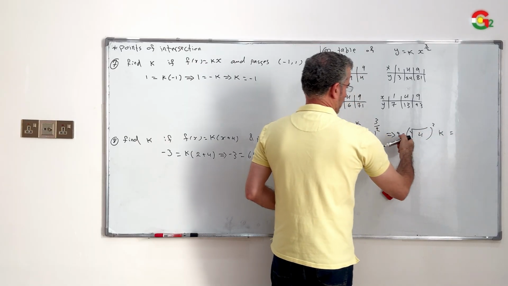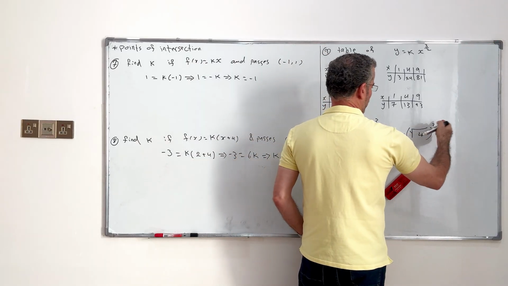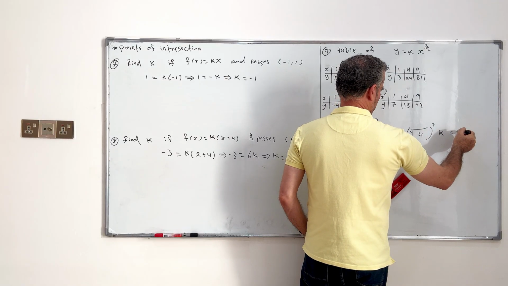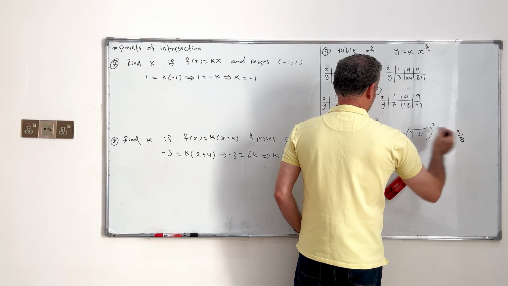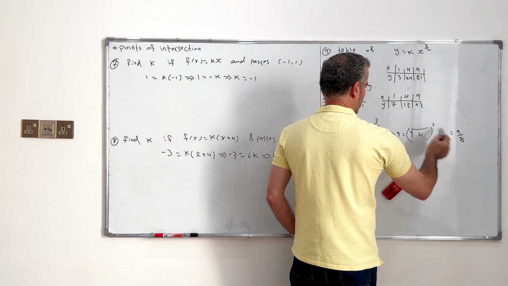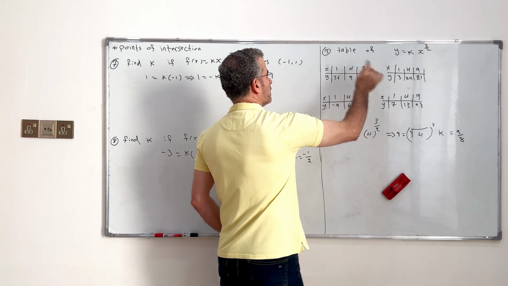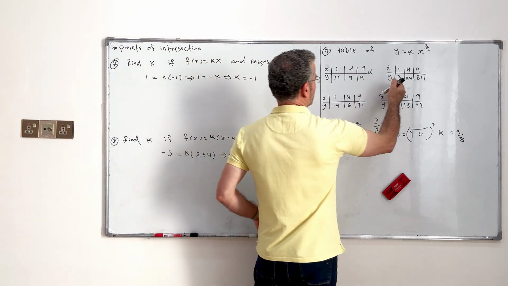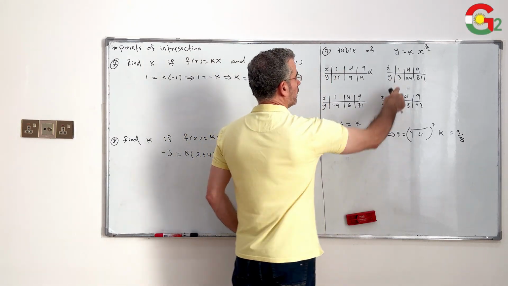The square root of 4 is 2, to the power 3 is 8, so k equals 9 over 8. Since the value of k is not the same, this table is not for this function.